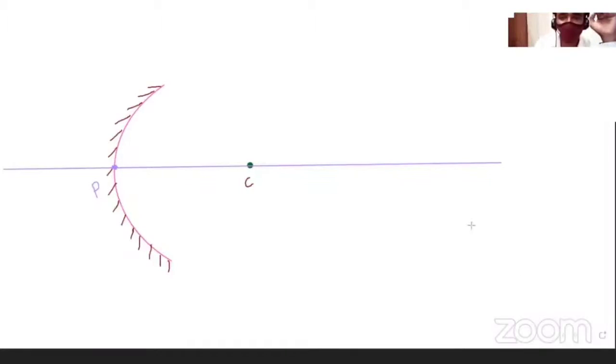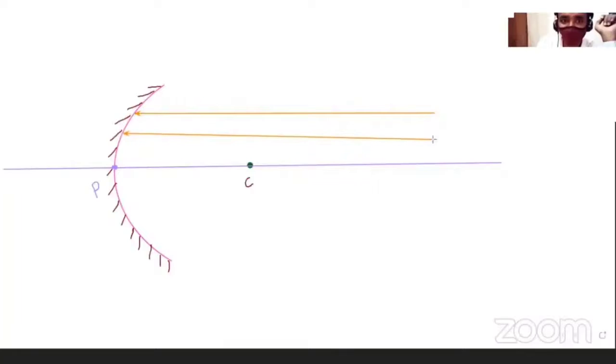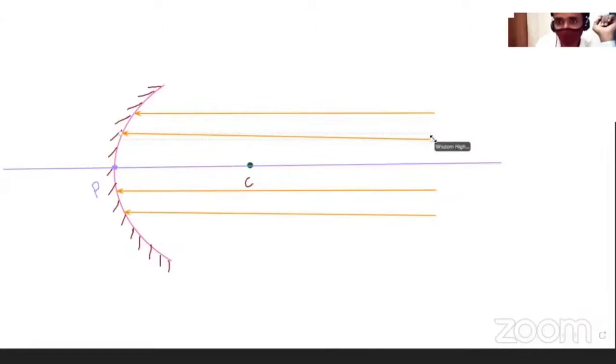Then here what happens if you focus the light on the mirror which is parallel to the principal axis? Are the rays parallel to the principal axis or not? They are parallel to the principal axis.